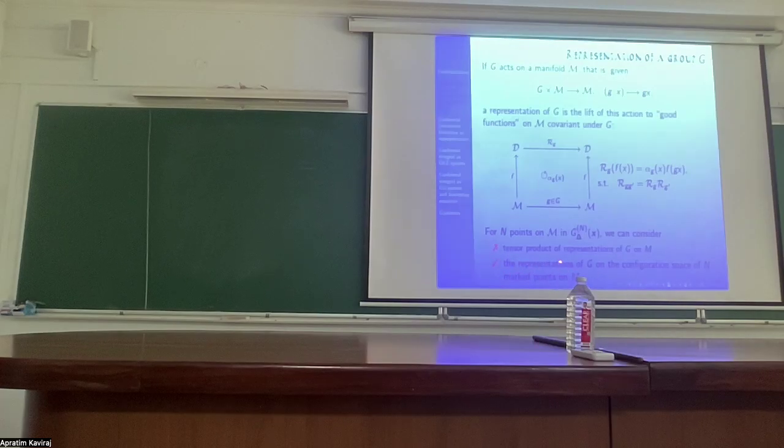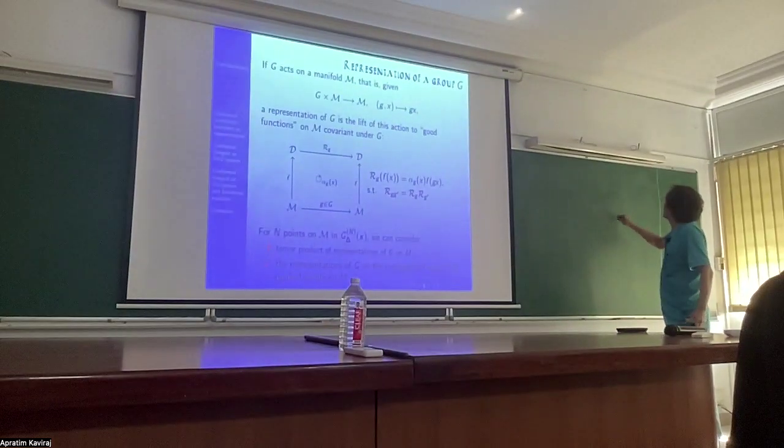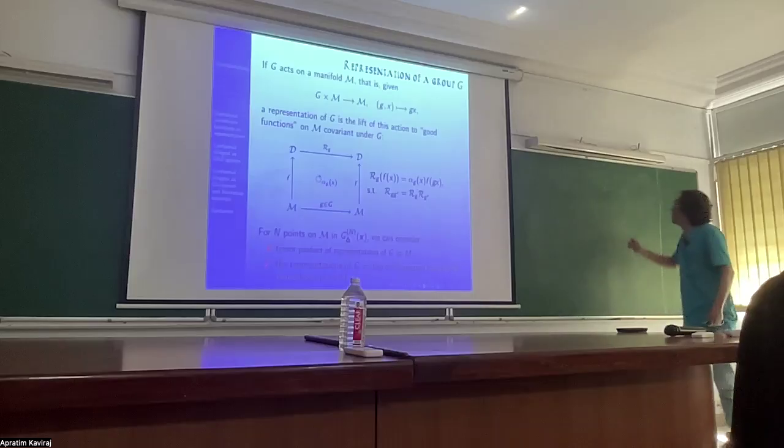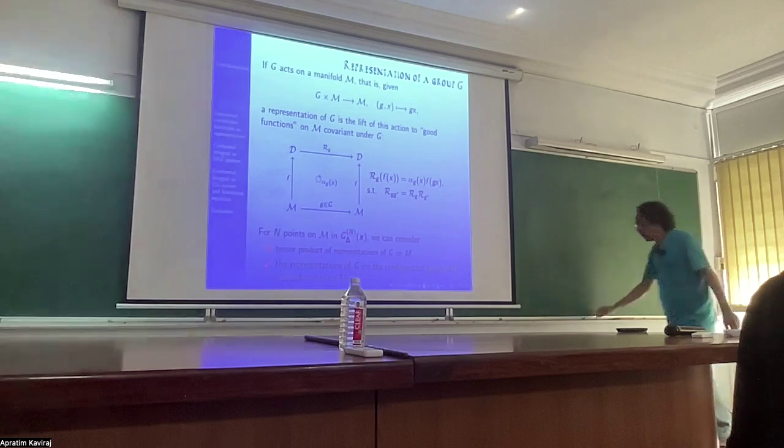So I look for representations of the conformal group, whose action we have already talked about on the geometric space, and we look for representations of G on the configuration space of n marked points on M. So I have a manifold and I have a bunch of marked points on it. So this is R^d. So that essentially means that, for example, what will be this manifold?